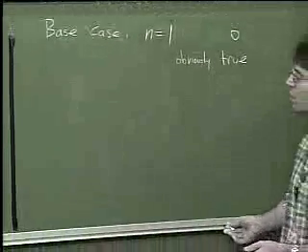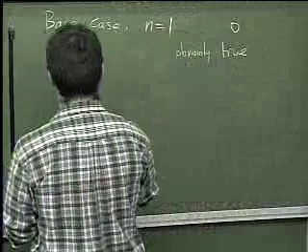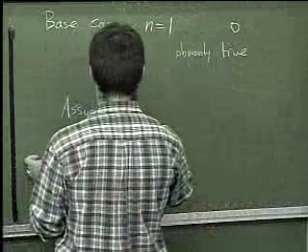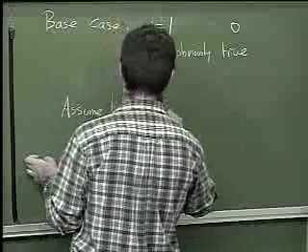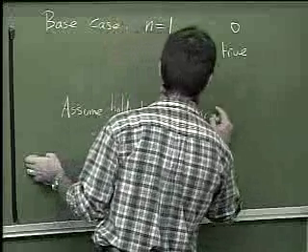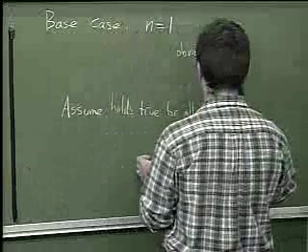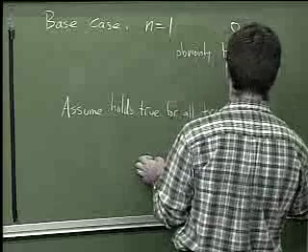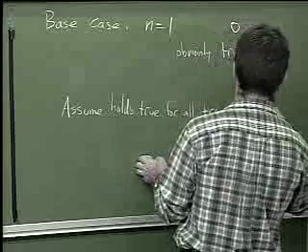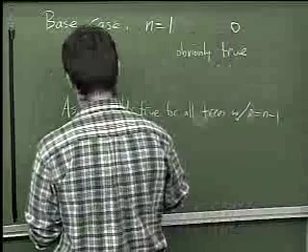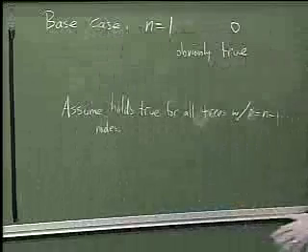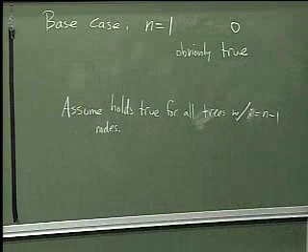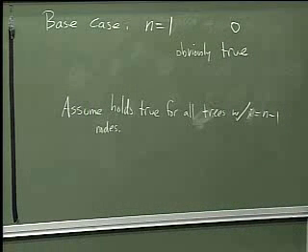Now I'm going to assume it holds true for all trees with n minus 1 nodes. Okay, and if I have that assumption, I've got to now show that it holds true for all trees with n nodes. Okay?